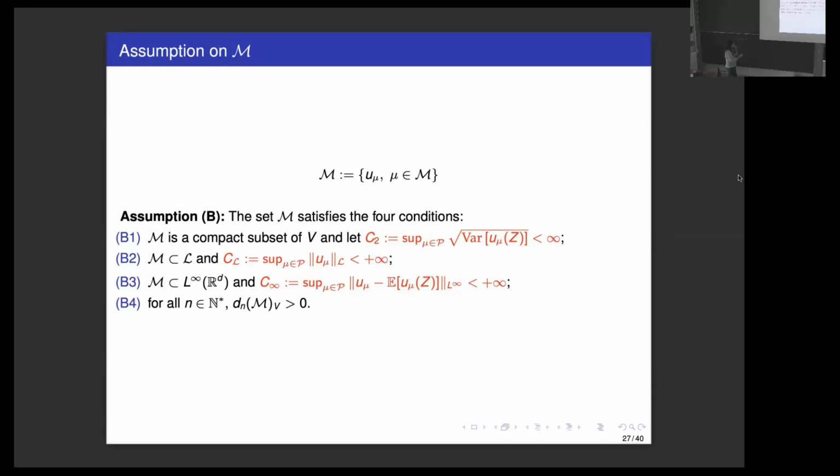We also need M to be a subset of bounded functions, and we define this quantity C infinity. Also, for technical reasons, we need to assume that the Kolmogorov n-width of the solution set is positive for any n.